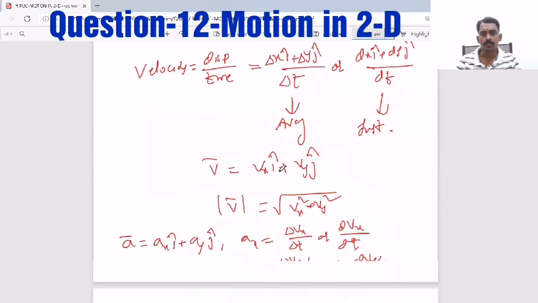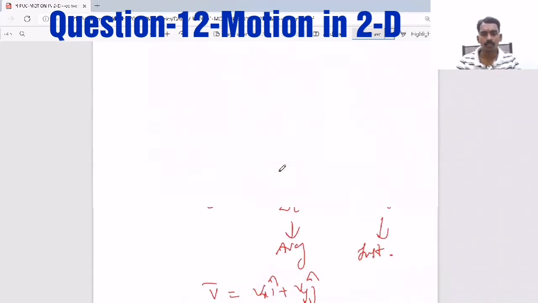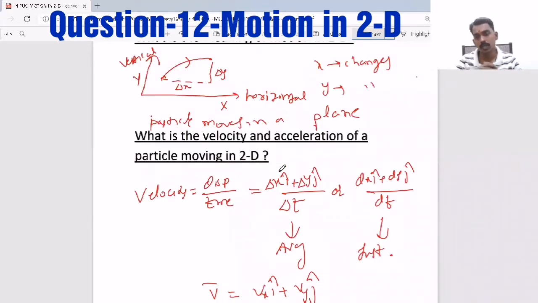Now, sometimes they will also ask questions on two-dimensional motion when acceleration is constant. When acceleration is constant, we can apply equations of motion like s equals ut plus half at square, v equals u plus at, v square minus u square equals 2as. Here also we can apply the same thing.